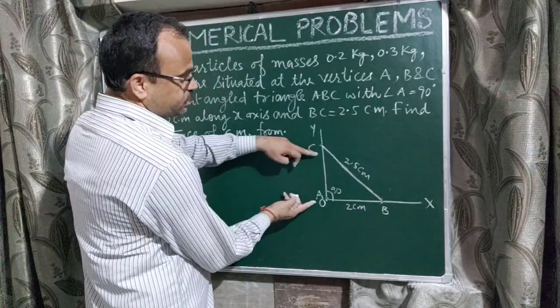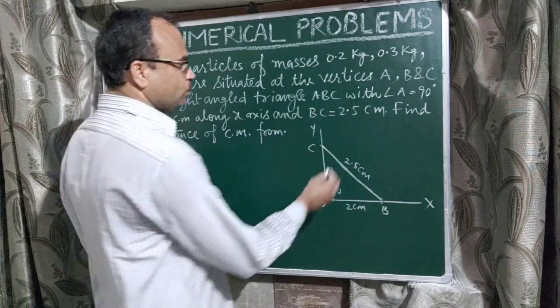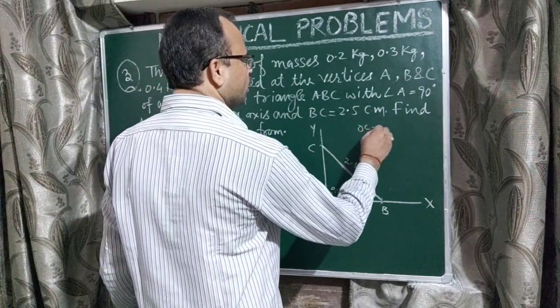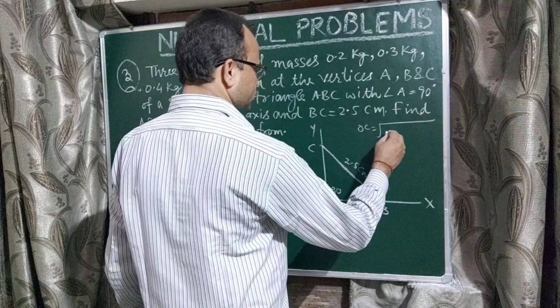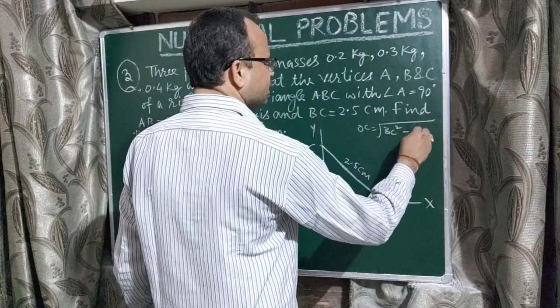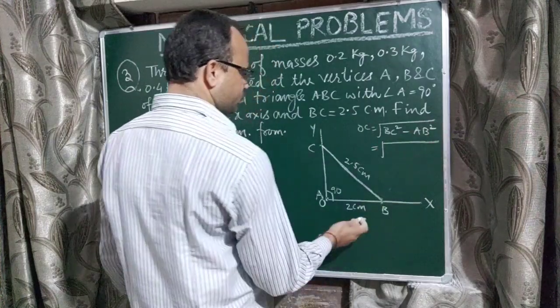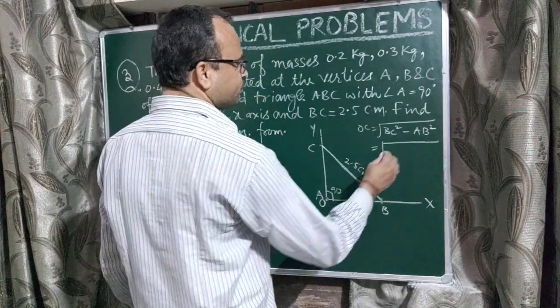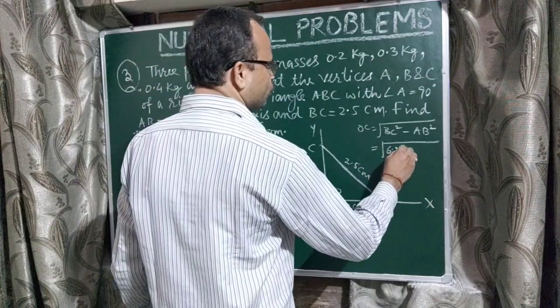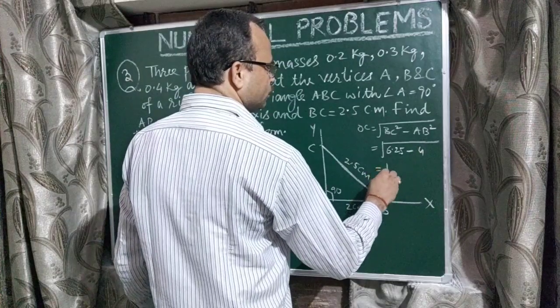So first we find this distance AC using the Pythagoras theorem. So AC equals under root BC squared minus AB squared. The value of BC is 2.5, squared is 6.25, minus 2 squared, which is 4.